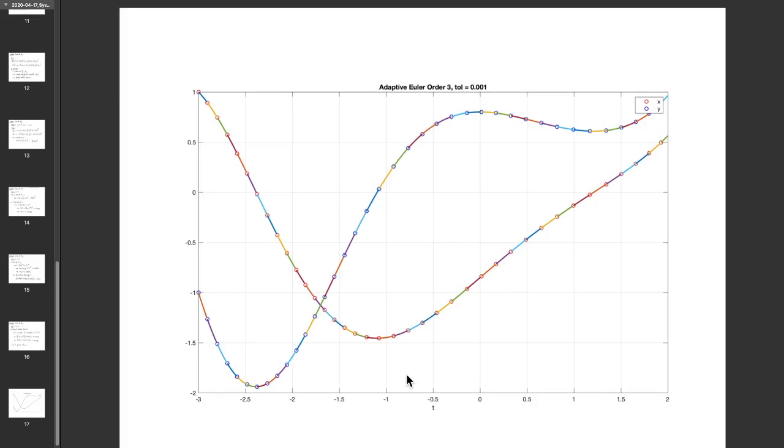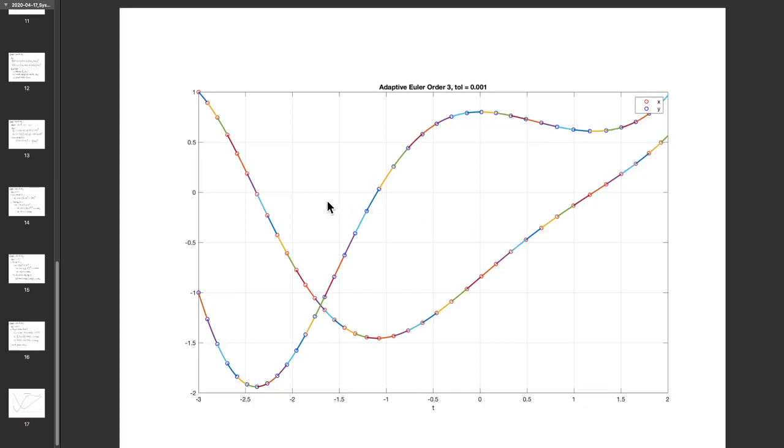In fact, I went and looked back at the results of the computations. For the order 2 approximation, it took actually 143 steps to get from t equal -3 to t equal 2 with that local error tolerance of 0.001. But for the order 3 approximation, it only took about 40, actually 38.